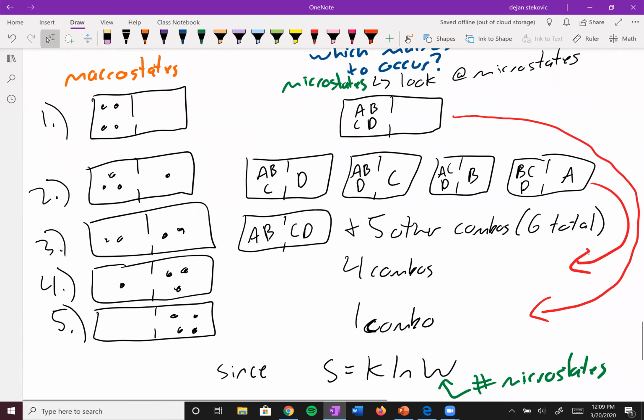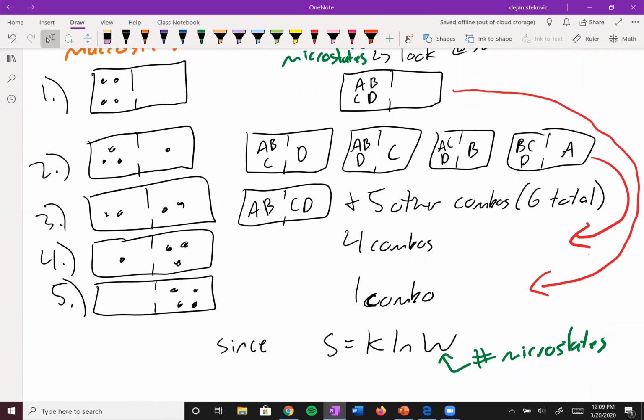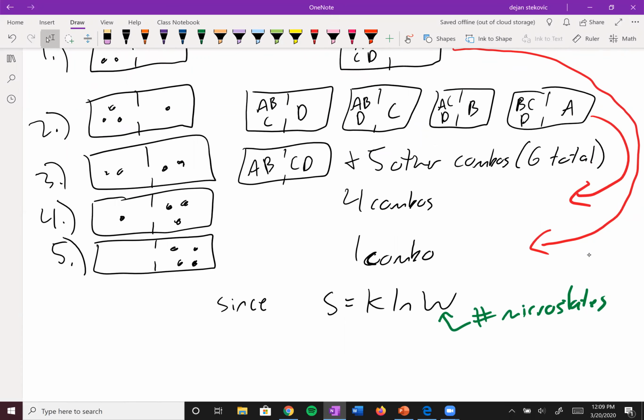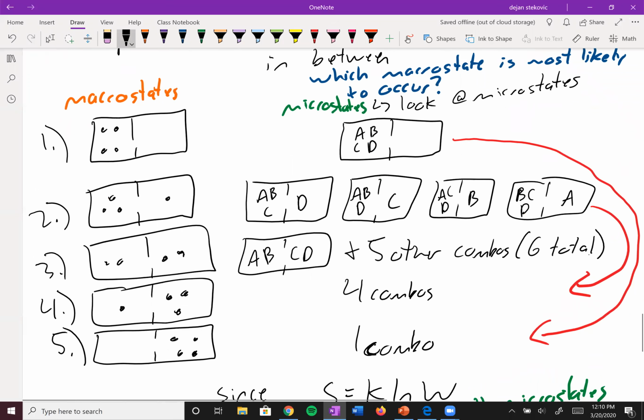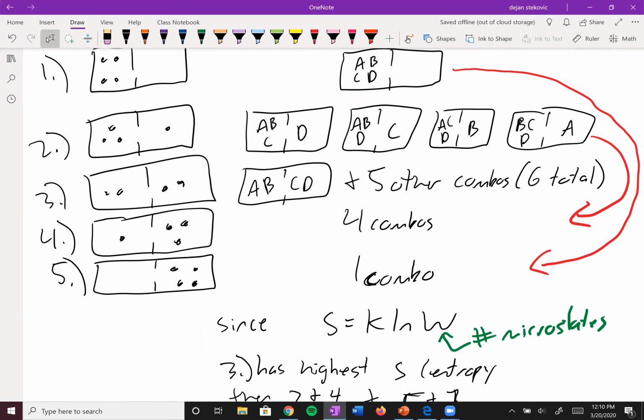And so if you plug the numbers in, what you'll see is that higher W equals higher S. And so number 3 has the highest entropy, followed by 2 and number 4, and then 5 and 1, right? So the more ways you can arrange your macro state, the more microstates you have. The more microstates you have, the more entropy your system has.